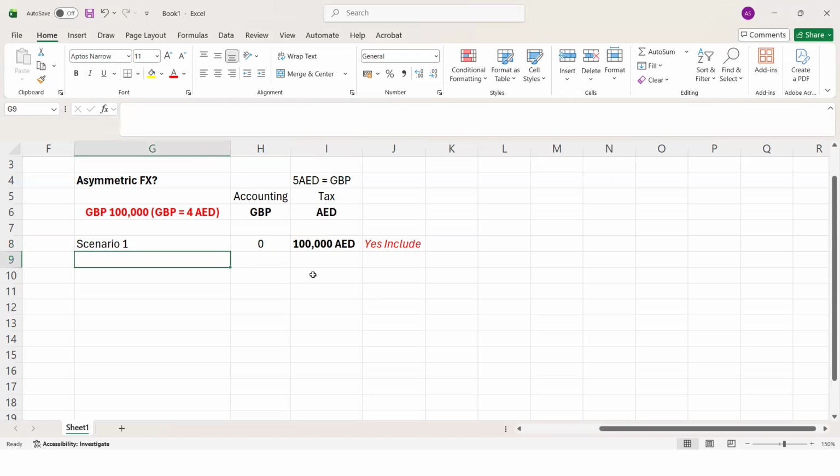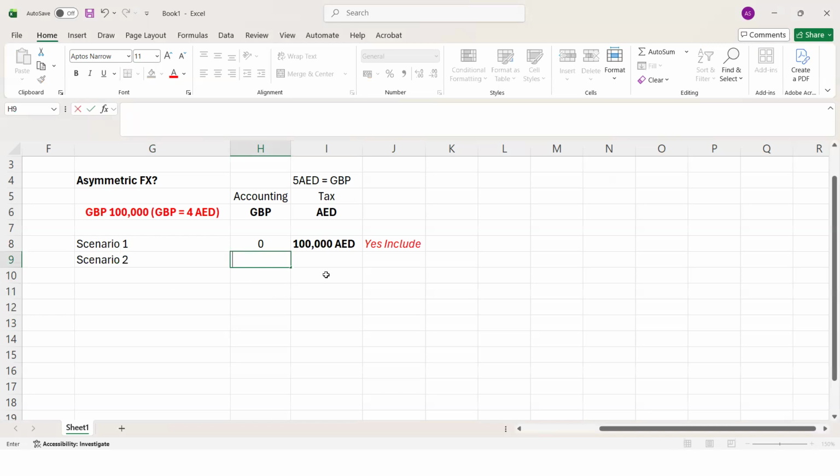Now let's look at the second scenario. Let's say I have a reverse. Let's say I have AED also with me. AED appreciates because the dollar is doing well, so AED also appreciates.